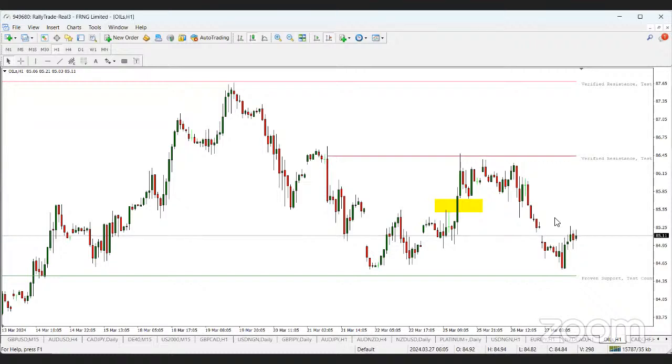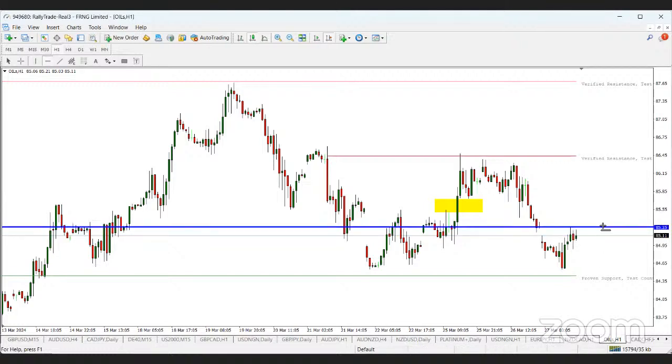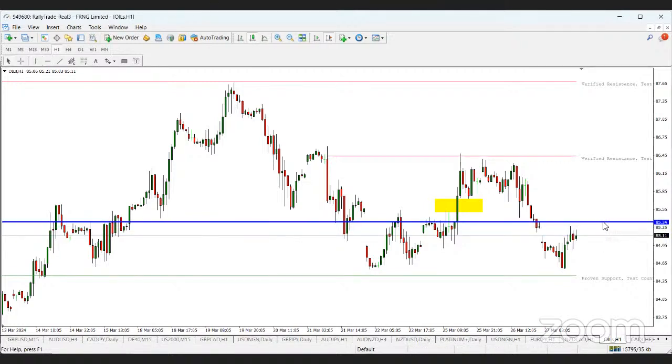I would expect that price will continue towards that verified resistance. So what I would do for oil is continue that buy from 85.35.